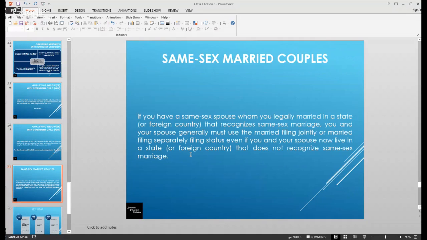So what they're saying here is that if you are in a same-sex marriage, just like people who are in heterosexual marriages, you don't get to choose your filing status. If you're legally married, you would use one of the two legally married filing statuses, either married filing jointly or married filing separately. And that is the way the federal government handles same-sex marriages.